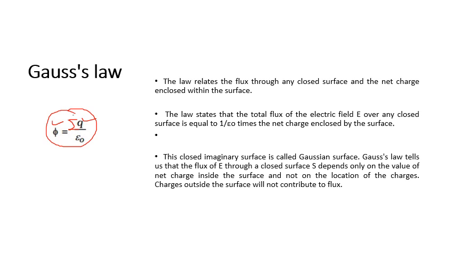The Gauss law tells us that the flux of E through a closed surface depends only on the value of net charge inside the surface, and this doesn't depend on the location of the charge. Charges outside the surface will not contribute. Only those charges can contribute which are inside this.